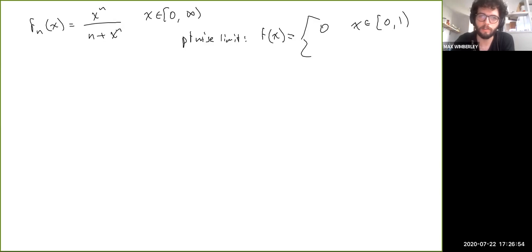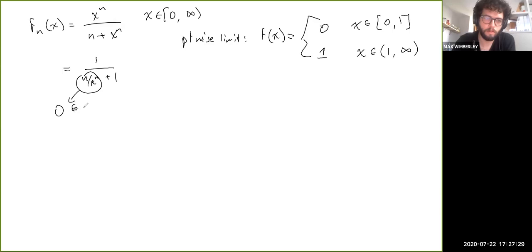So this becomes closed. And for the rest of them, it's 1, because if x is bigger than 1, then these increase exponentially. One way you could think about it is, for x bigger than 1, you write it as 1 over n over x to the n plus 1, which clearly approaches 0 for x greater than 1.